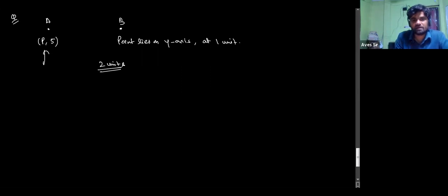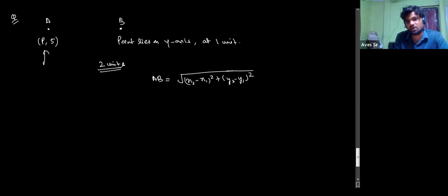So you have to write here AB equals under root of (x2 minus x1) whole square plus (y2 minus y1) whole square. The value of AB is given to you, that is 2.